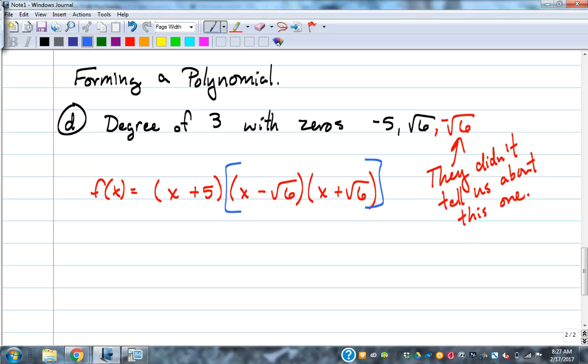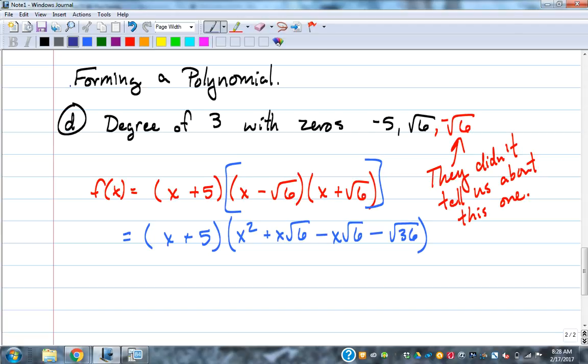X times x is still x squared plus x radical 6 minus x radical 6 minus the square root of 36. That's what that's going to turn into. You still got the x plus 5 out here in front. Okay, so just some basic algebra 1 there, just multiplying x times both of those terms. That gets this part. Negative radical 6 times both of the terms.